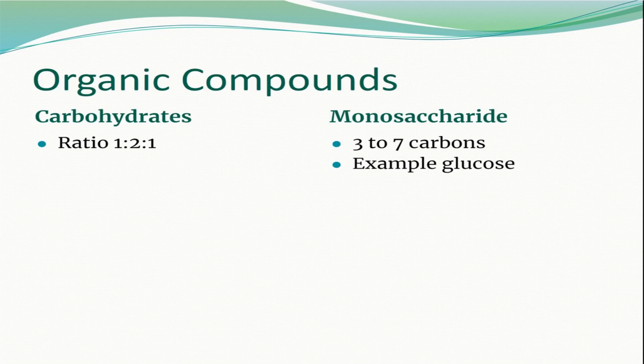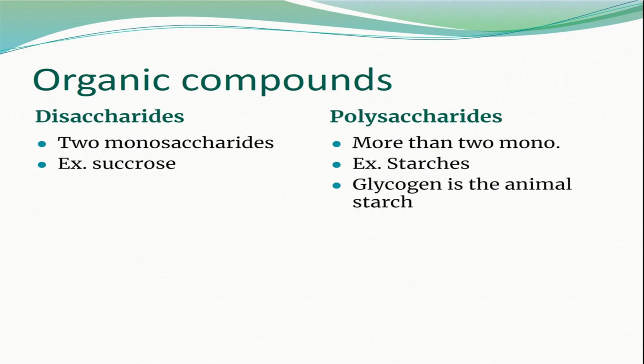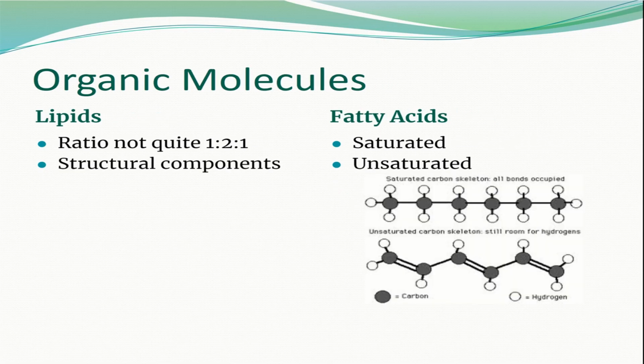Amino acids are the building blocks of proteins. Carbohydrates are another organic molecule. Monosaccharides are the smallest component. They build into polysaccharides. We also sometimes see disaccharides. We have lipids and fatty acids. The fatty acids can be saturated or unsaturated.